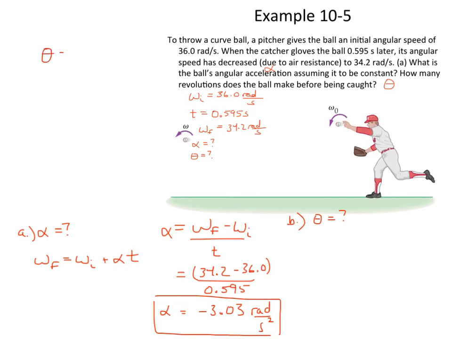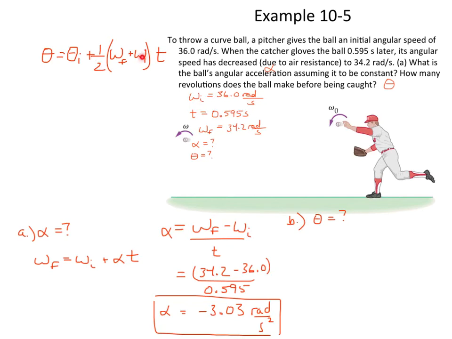We have our final angular position equals our initial angular position plus 1/2 times, we're really saying the average angular velocity, so omega final plus omega initial, times time. This is our average angular velocity in that amount of time.